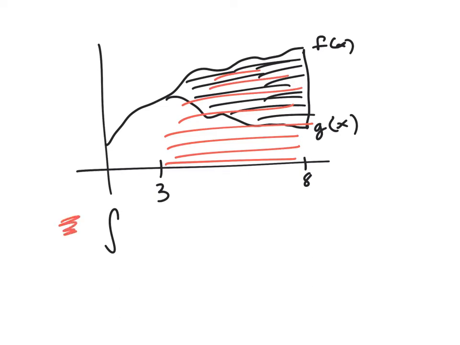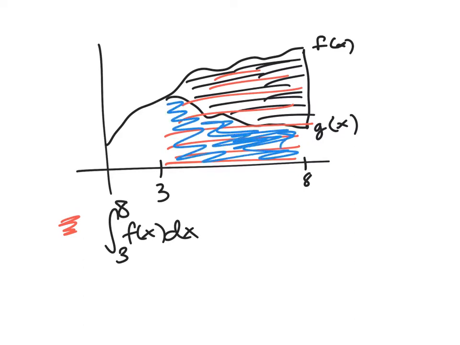So we have this red area, which is exactly the integral of f of x from 3 to 8. That tells us what we would have had. And then we want to subtract away the blue area underneath g, so we have our integral from 3 to 8 of g of x. And so basically if you take out the stuff under, you get exactly the stuff between.